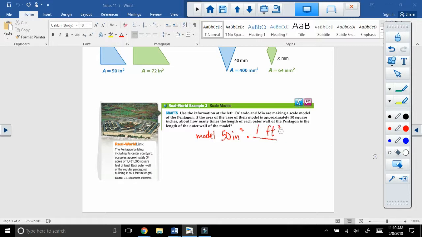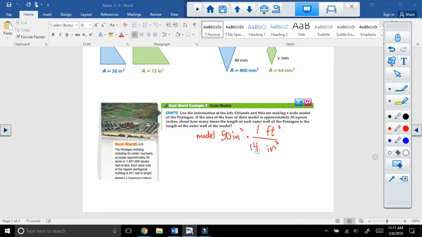This is a time that students sometimes make mistakes because they think, well, there's 12 inches in a foot, so 1 square foot is the same thing as 12 square inches. Is that true? No. How many square inches is 1 square foot? 144.